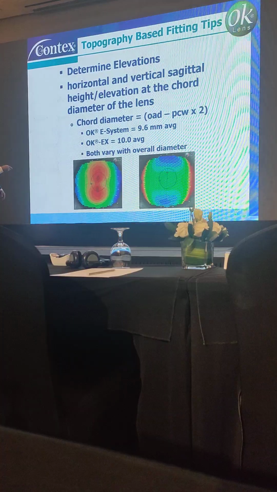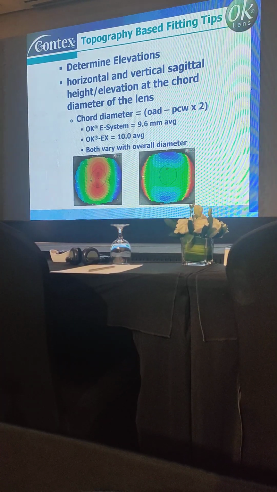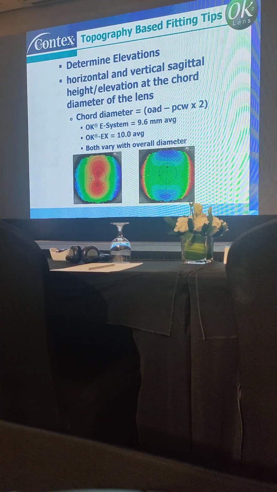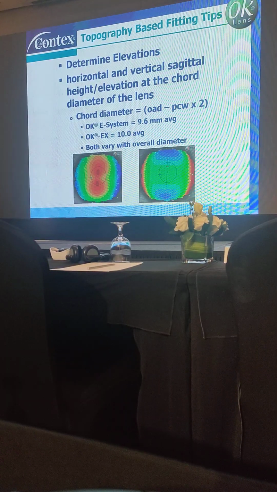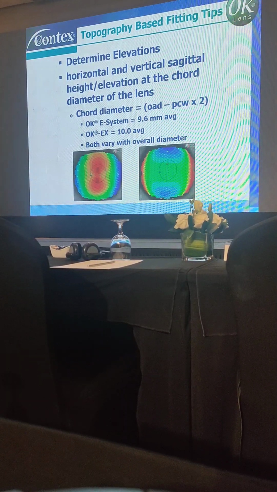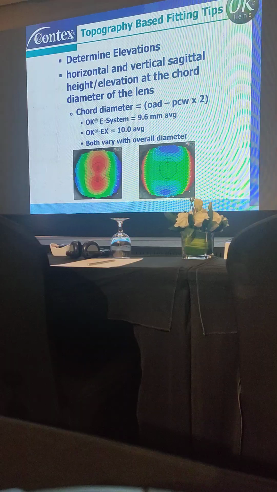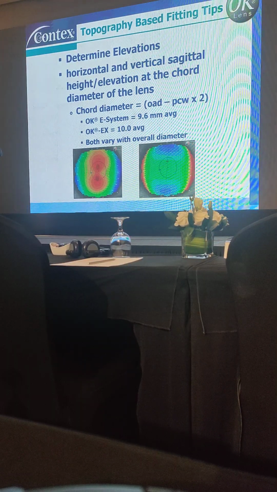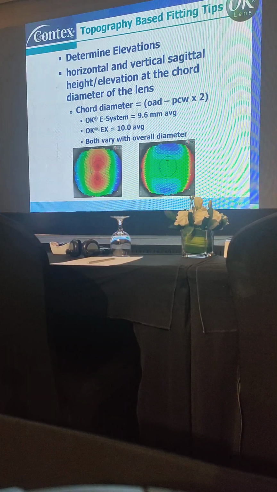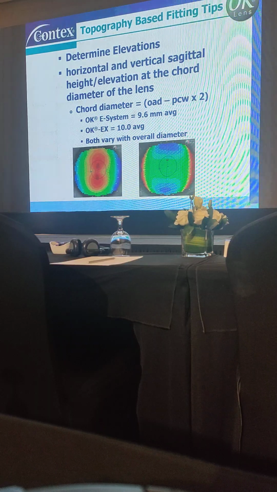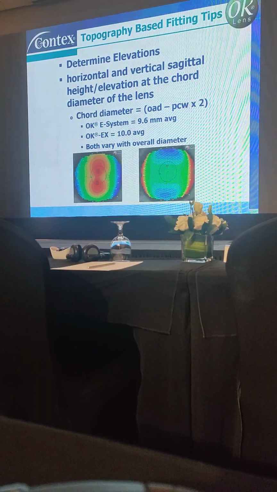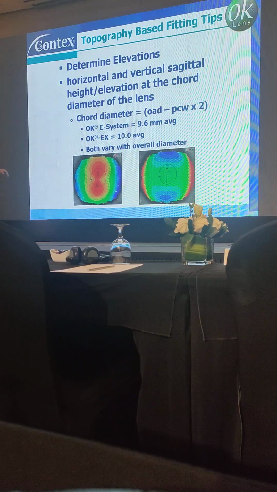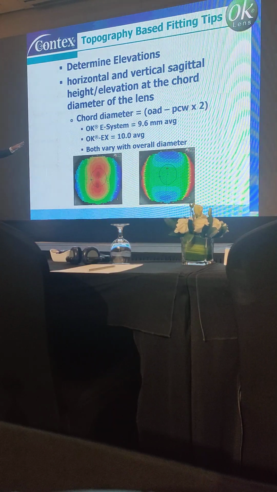With the EX, it's a 10 millimeter chord, so you have to get your elevations all the way out to 5 millimeters here, 5 millimeters there, 5 millimeters here, and 5 millimeters here. And then we can build the perfect model of your patient's cornea to build the perfect lens on top of the perfect model. That's the science part of this.